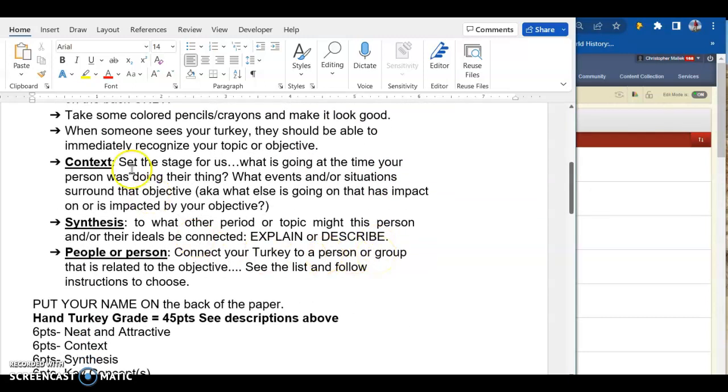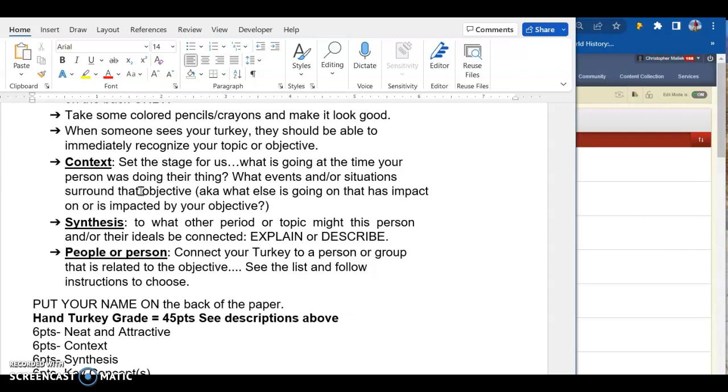Here's some things that you have to include. Of course, the context, that would be the background of your turkey, the things outside the hand and the feathers. What's going on in this time period that has an impact on your particular turkey or group of persons that is the turkey. And you're going to represent that by showing us the major historical themes and eras and events that are going on.